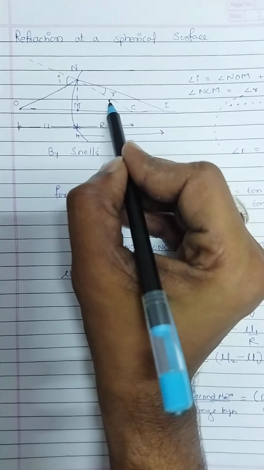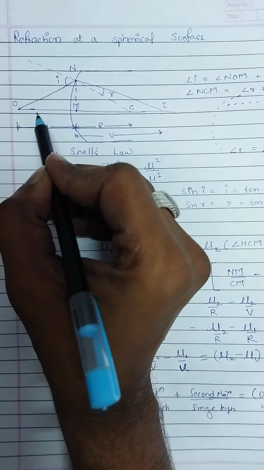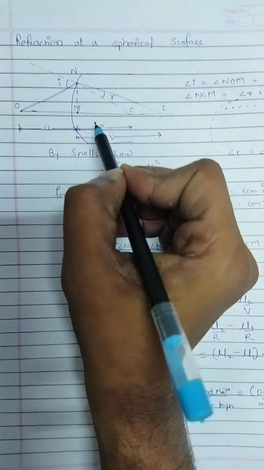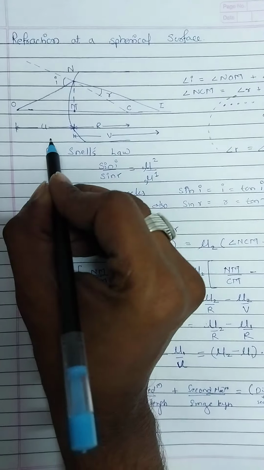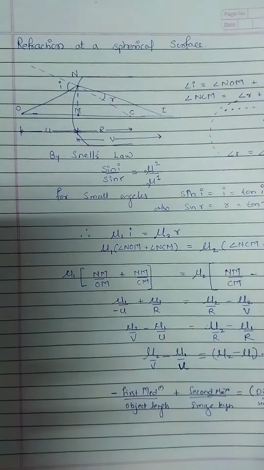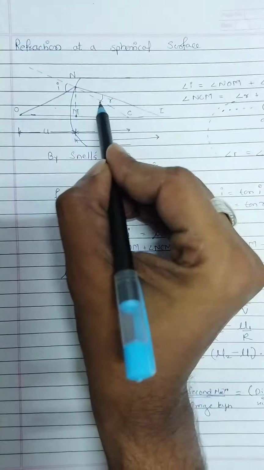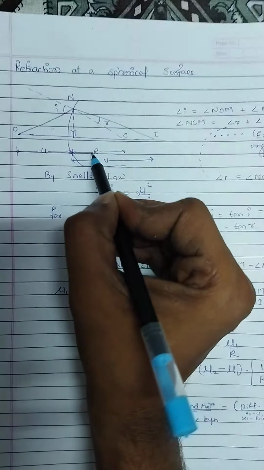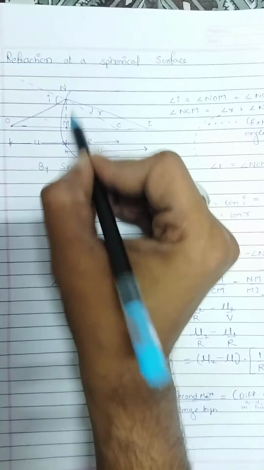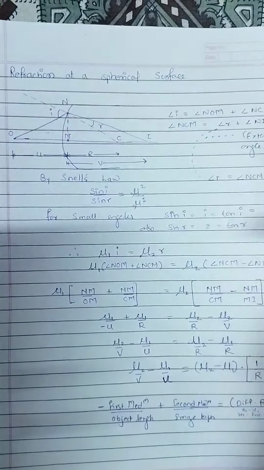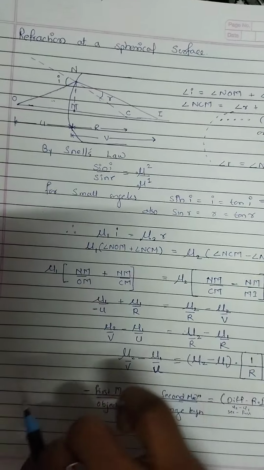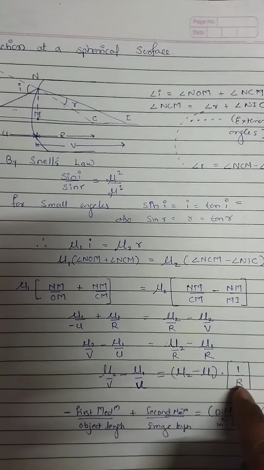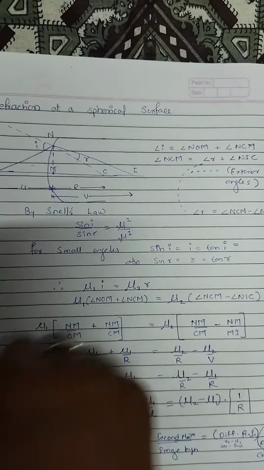While using Snell's law on a single refracting surface, you will get an equation in terms of u, v and the refractive index of both the materials in terms of R, that is the radius of curvature of the single curved surface, which we will use to derive the value of u and v in terms of R for two curved surfaces.